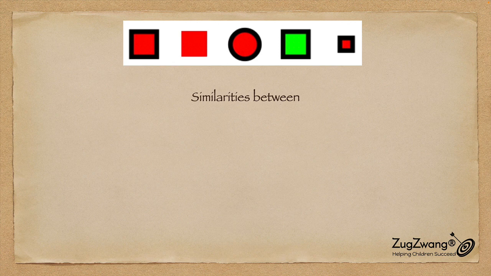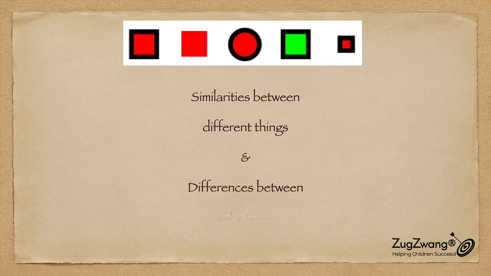Intelligence is the skill and the art of finding similarities between different things and differences between similar things. And this problem is just a testament to that. So if you want to improve your math, if you want to improve your level of intelligence, this is the fundamental skill that you need to work on.